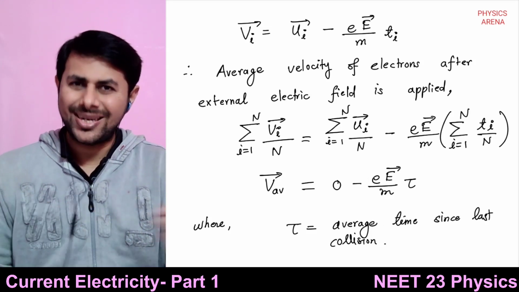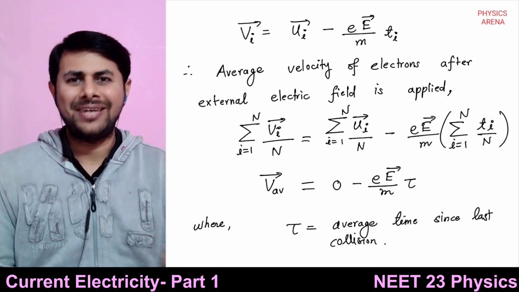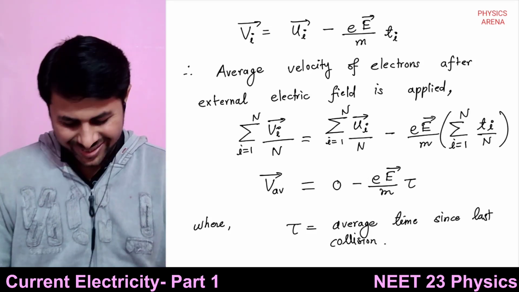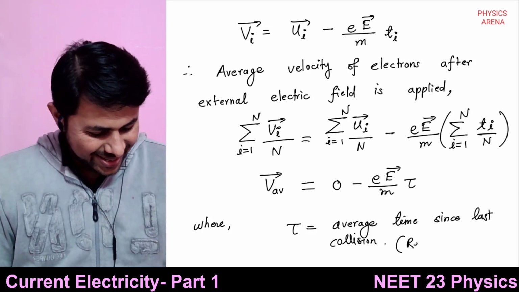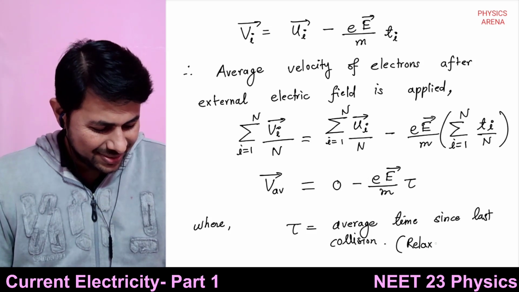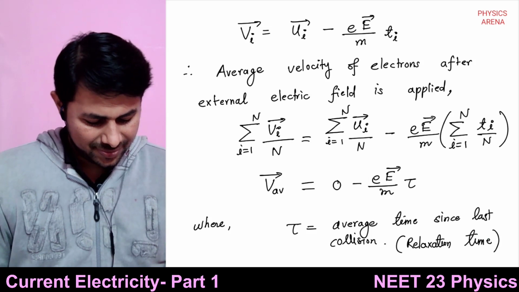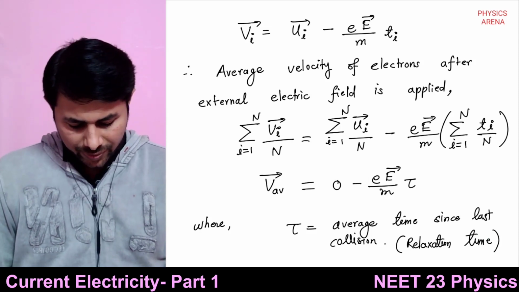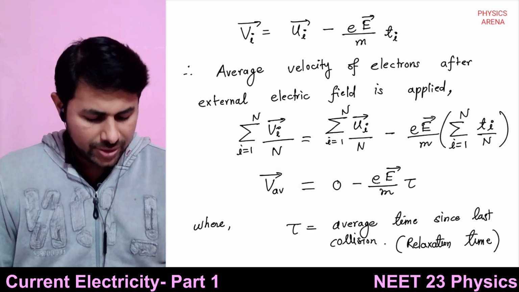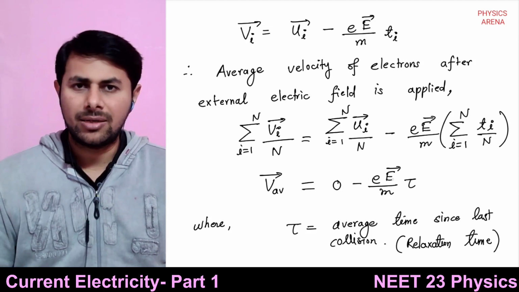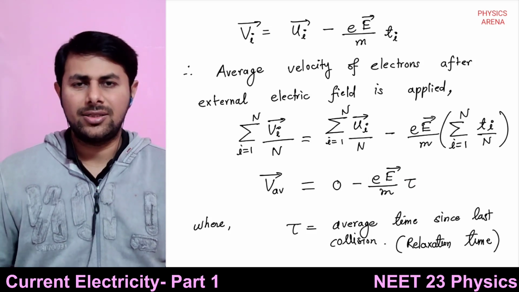So the electron is colliding and then it gets some time to relax. So V average equals minus E times E bar upon m multiplied by this relaxation time.